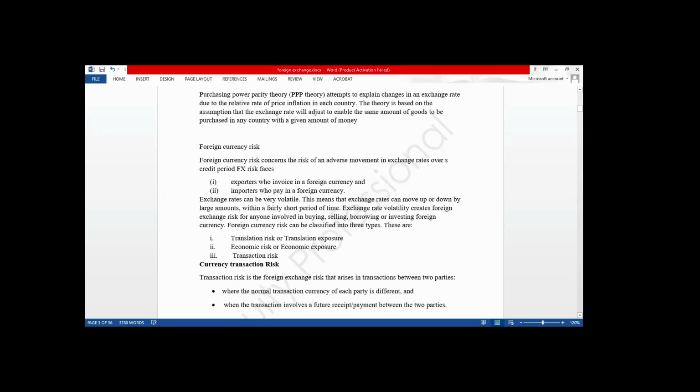That is the risk of fluctuation in exchange rate. If you import goods and you are required to pay in foreign currency, then you are exposed to exchange rate risk. Exchange rates can be very volatile. This implies that the exchange rates can move up and down by a large amount within a short period of time.